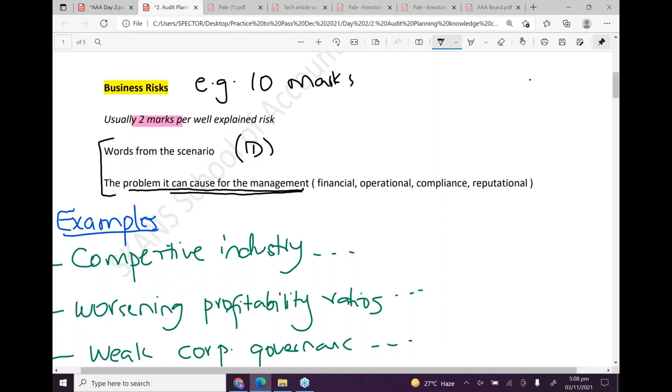This is not financial statements. That's completely different. Financial literally means money-wise. So this could potentially lead to more outflow of money or less inflow of money. This could reach to operational issues. For example, it could affect quality, it could cause delays, etc.